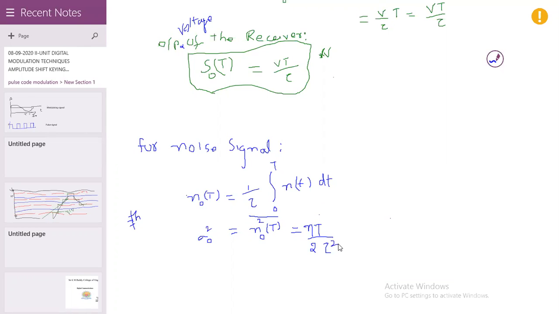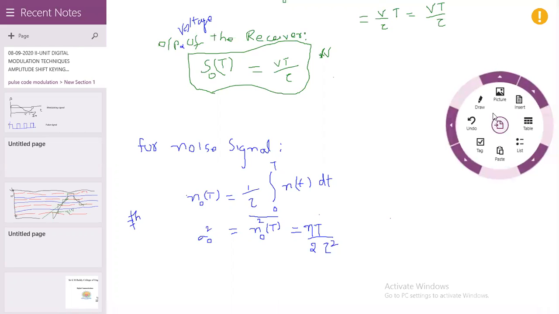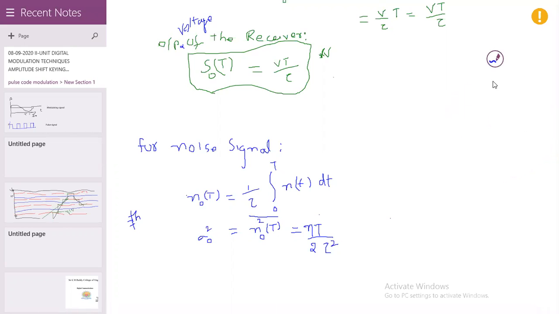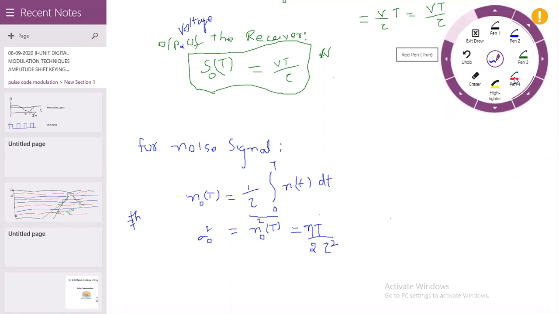Please remember this equation. Otherwise, we will look into that derivation also in the 7th chapter. This is also very, very important.